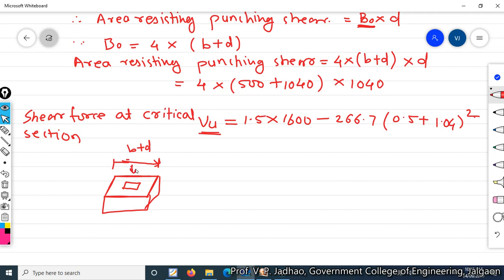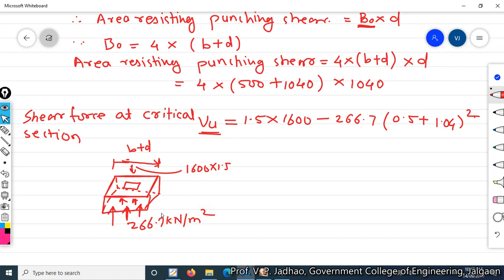This load value is 1600 into 1.5, the factored load, whereas the pressure acting at the base of this footing will be like this, 266.7 kilonewton per meter square.